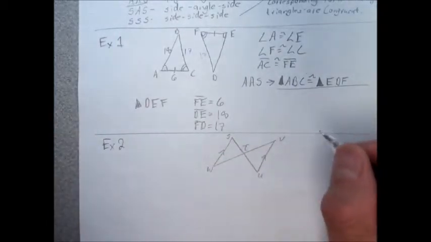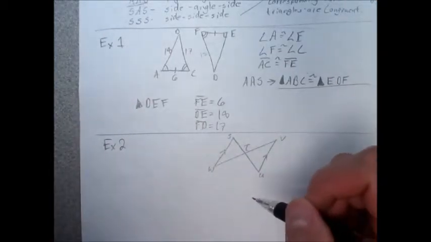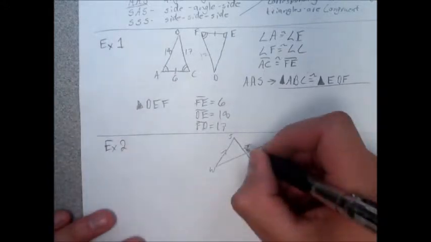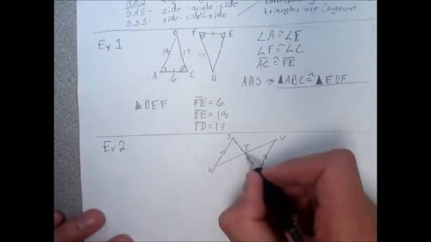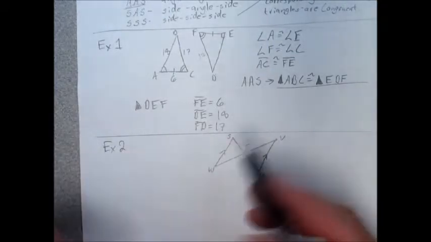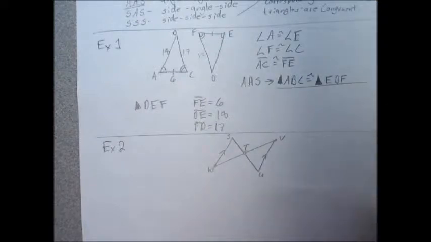Alright, so look, it says to prove the 2 triangles congruent to each other, given that T is the midpoint of WV. Okay, if T is the midpoint of WV, what do I know about WT and TV? What does the midpoint do?